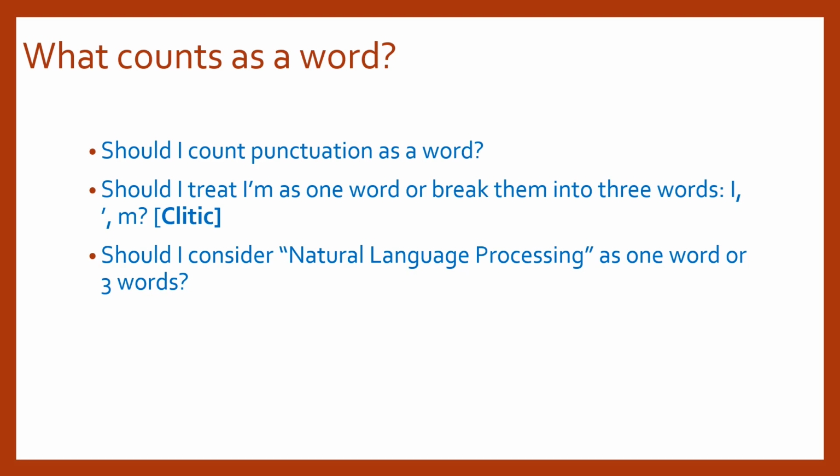So the single letter m, or apostrophe m, does not have any meaning on its own, and these are called clitics. But when it joins with I, it means I am. So again, should I treat this entire thing as one word, or should it be broken into smaller components?